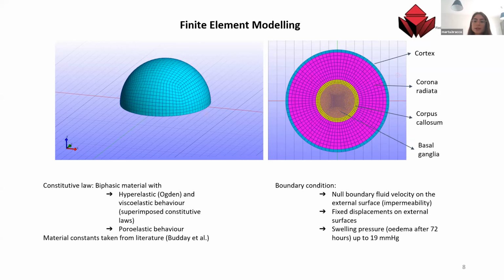And we loaded our brain with a swelling pressure that we defined in a specific area, which is basically representing the surface around the point where the electrode is inserted, and a line that follows its trajectory inside the brain. And this pressure was about 19 millimeters of mercury.